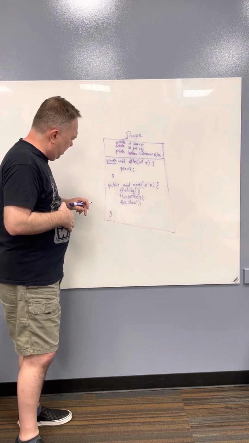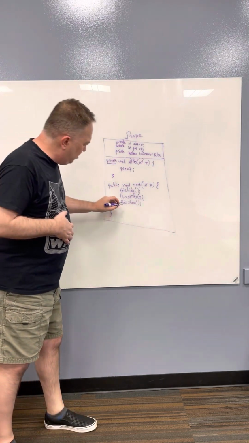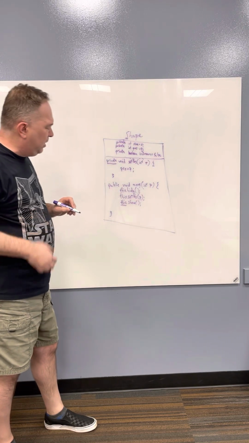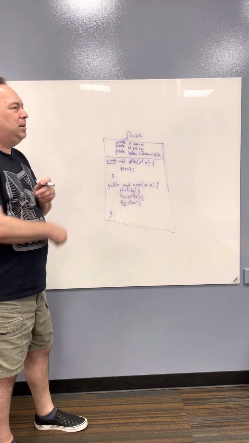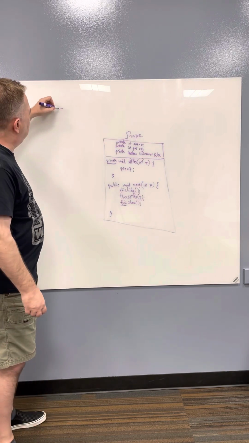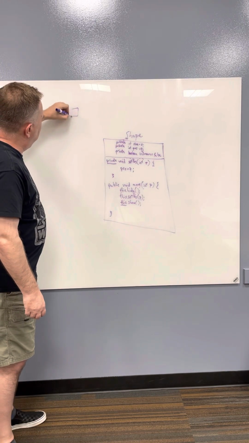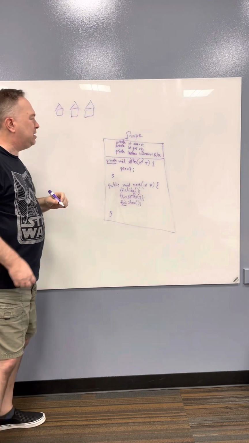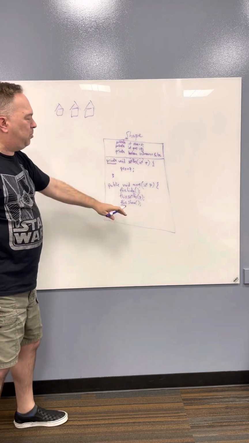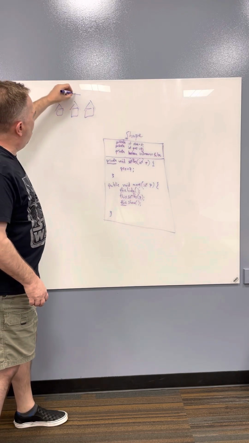Now, the other thing I want to point out here is this curious use of this. This is in your book. This, what in the world is this? Okay, do you remember when I had all the houses and I said each one is an object, right? Okay, when this thing runs, this is the blueprint, but when it runs, it's going to run on one of these objects.